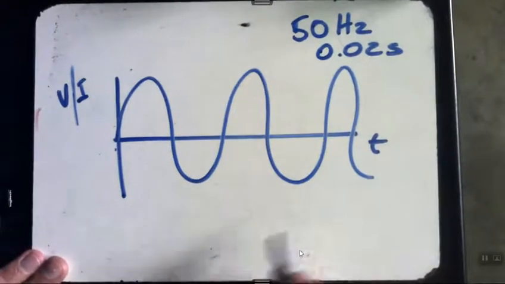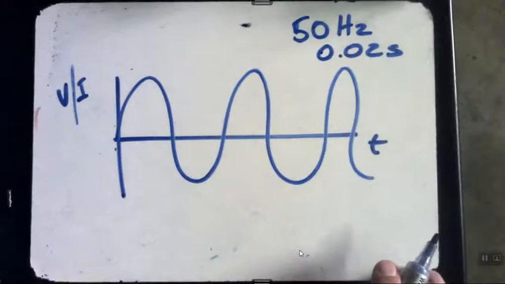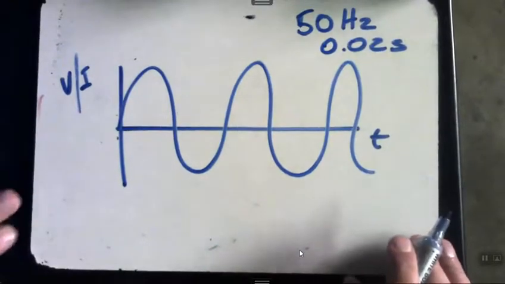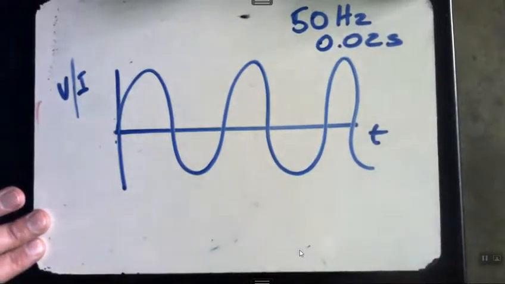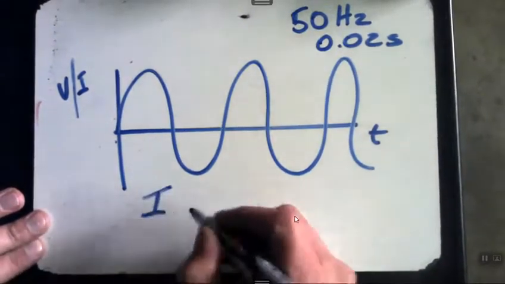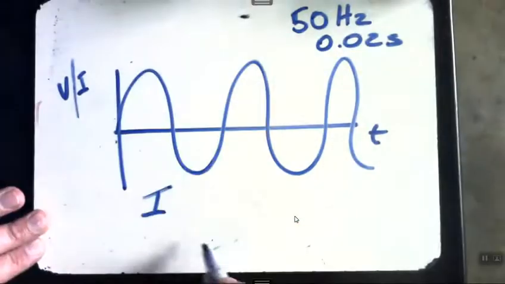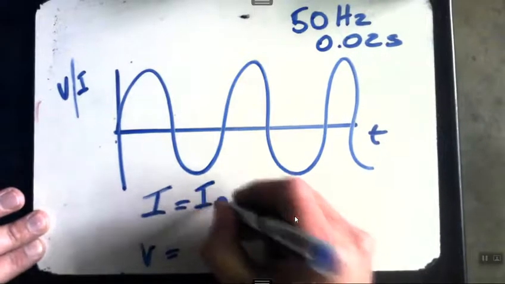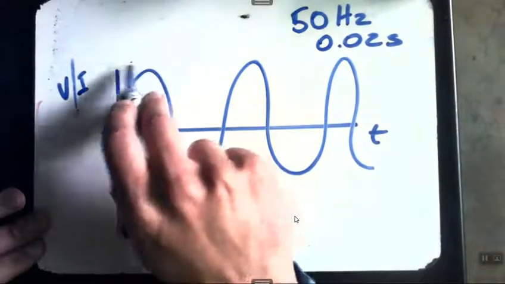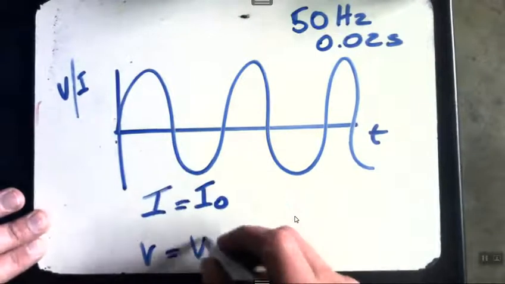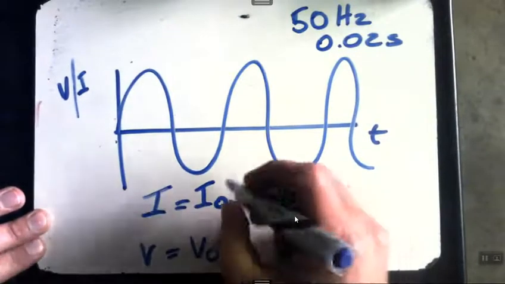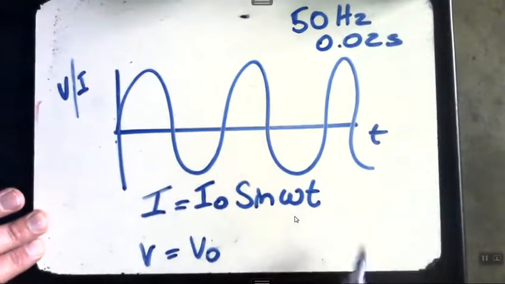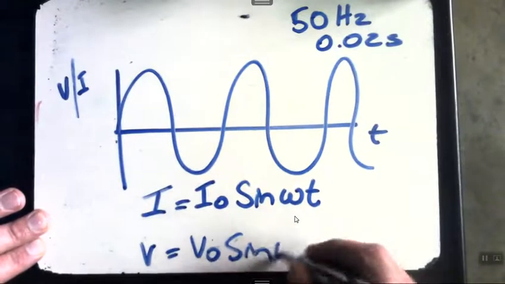This can be seen as a simple harmonic motion, which brings us back to the equations that we learned in chapter 19, I think, where we said that the current or the voltage at any given point in time is equal to the maximum, so I0 is the peak current, or V0, the peak voltage, times sine omega t.